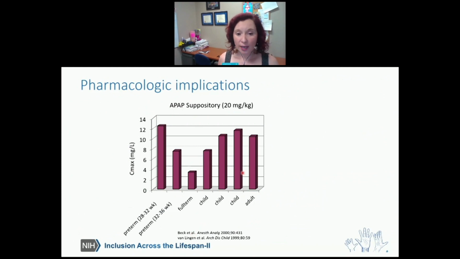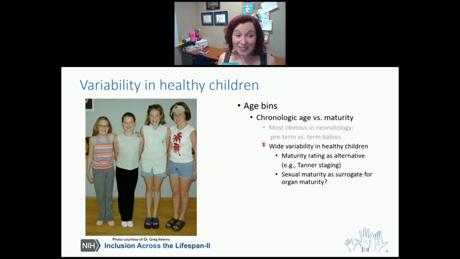When we take a look at the variability in the systemic drug concentrations across the child age bin, I think you can appreciate that even the variability we see in infants due to the different maturation of their GI tract translates into our child age bin as well. Why does this happen?